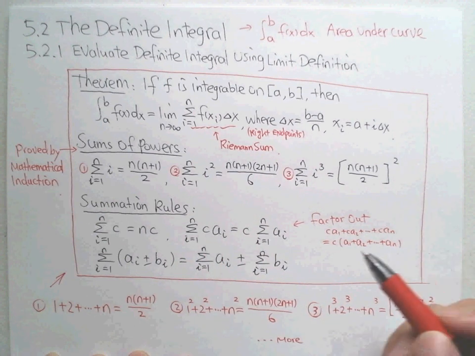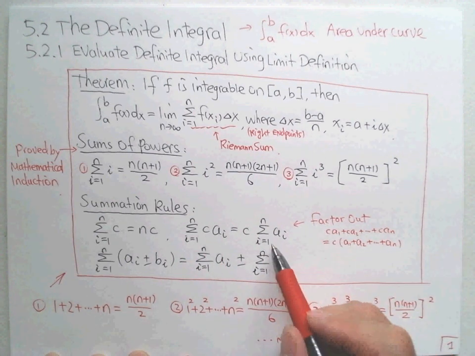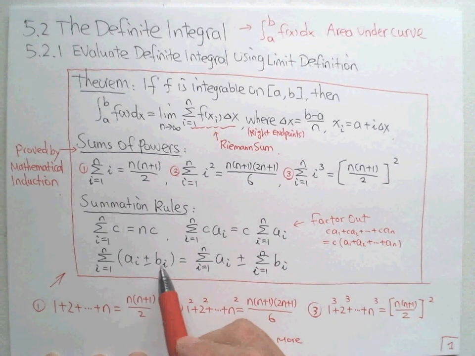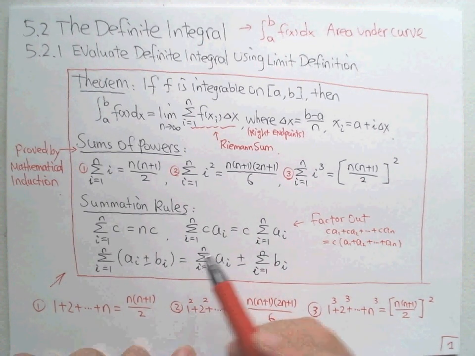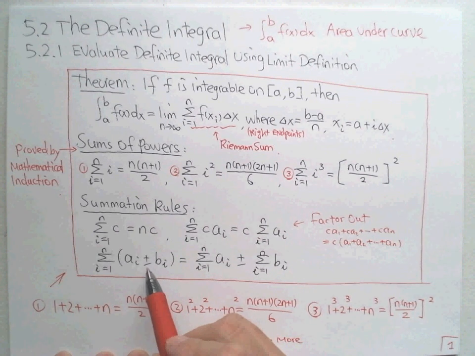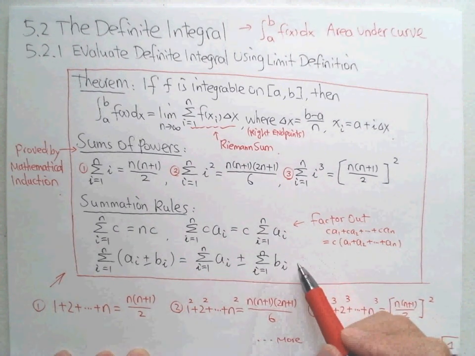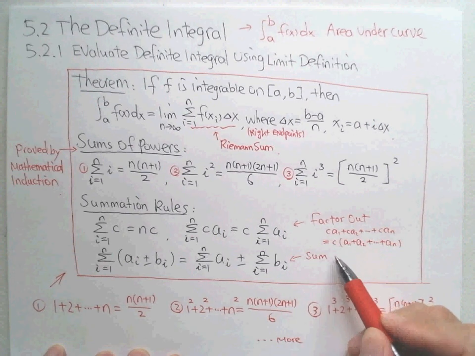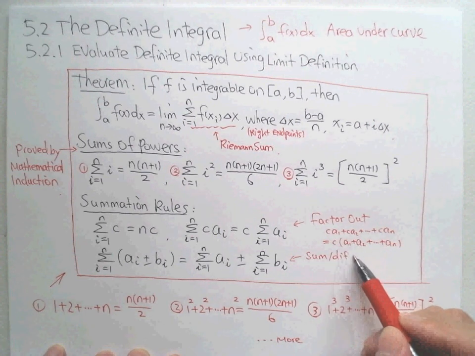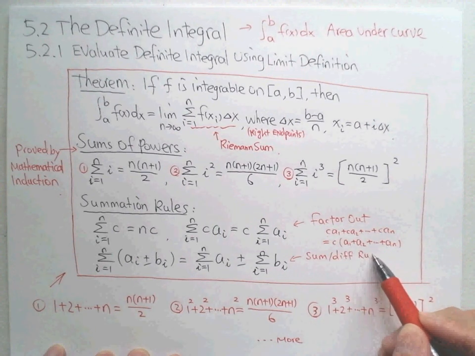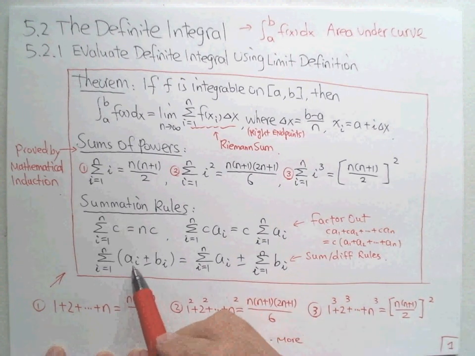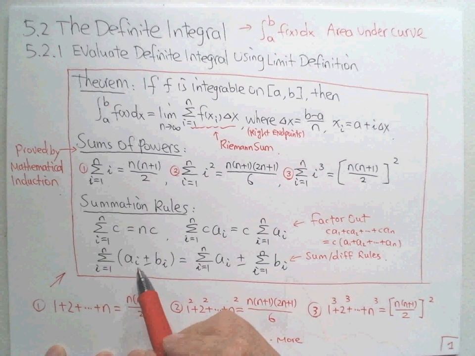This is one rule. We have another rule. For ai plus bi, taking a sigma, we can separate it, or if we do the difference, we can also separate. Usually we call this the sum or difference rule. How do you prove this? I will not write it down here, it's so easy to imagine.